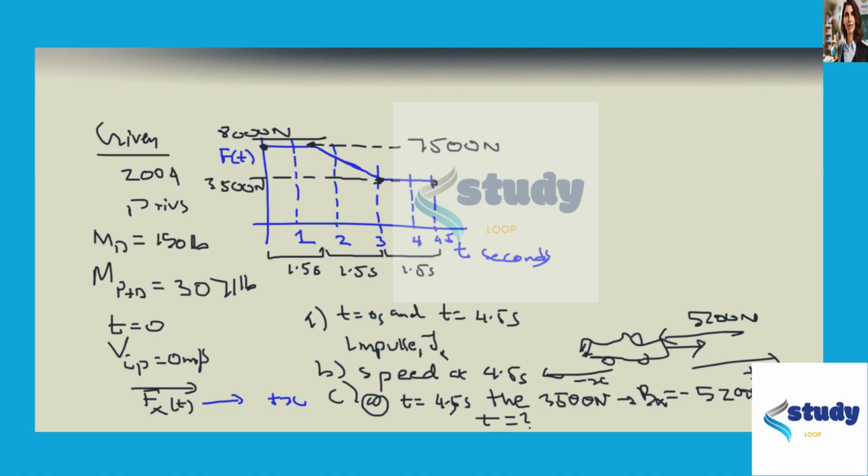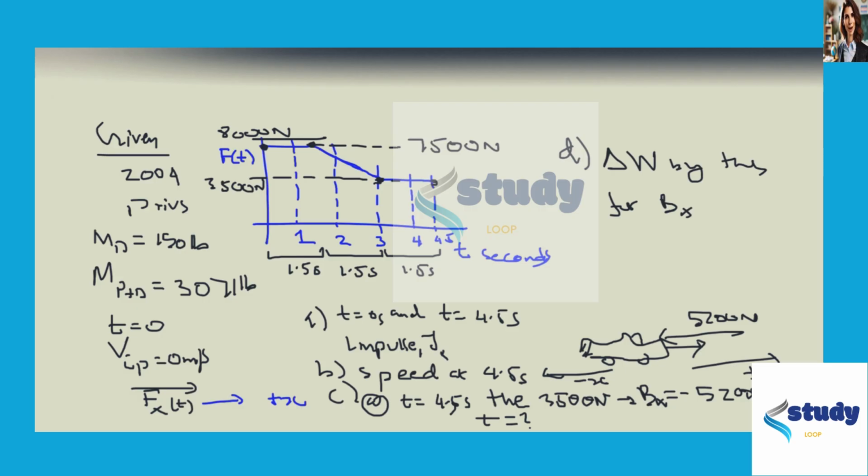So in part A, we're looking for the impulse. In part B, we're looking for the speed at 4.5 seconds. And then in part C, we want to find the time it takes for the Prius to stop. In part D, we want to find the change in work done by the force Bx.